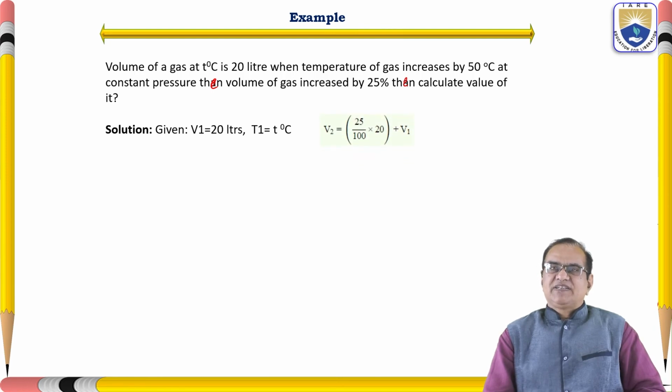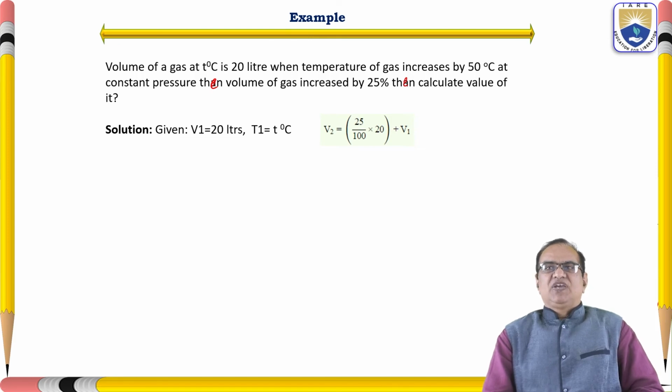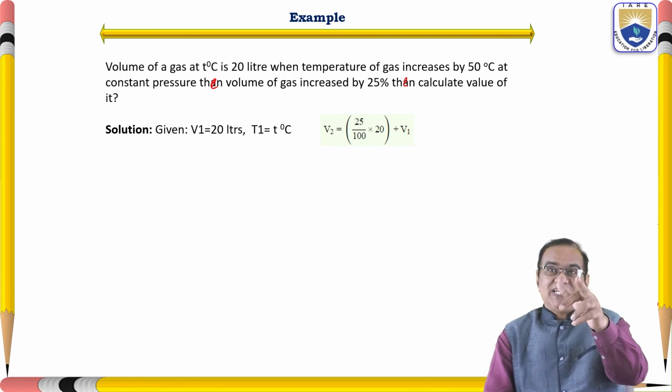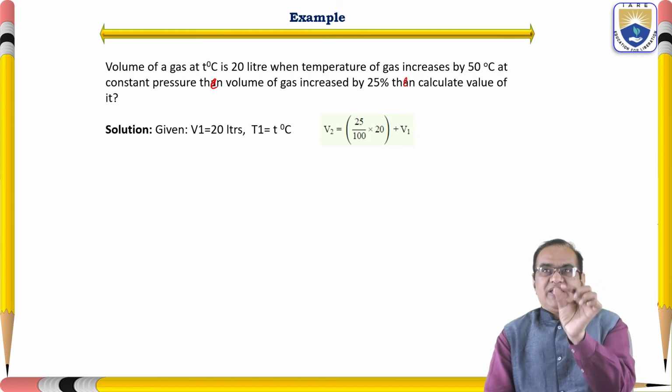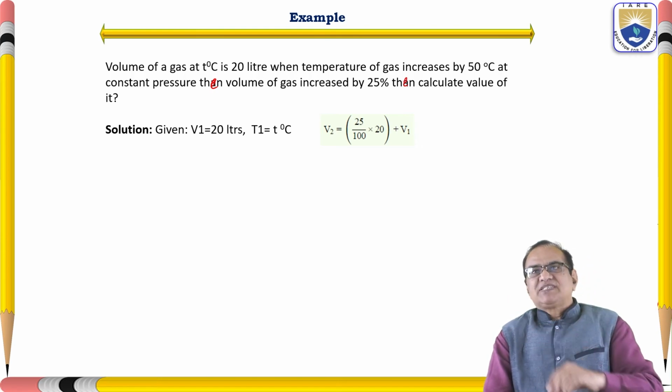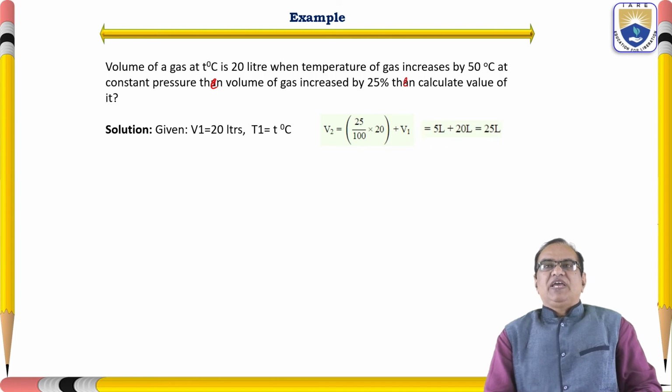So we know that V2 is equal to 25 by 100 into 20 plus V1, because it is increasing by 25%. So 25 by 100 into 20 liter is 5 liter.